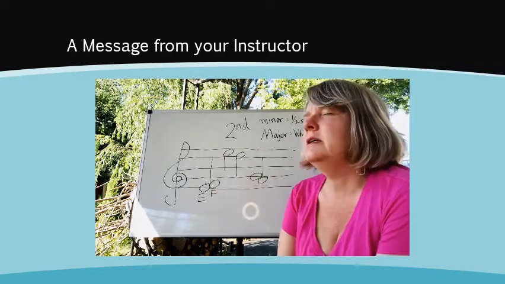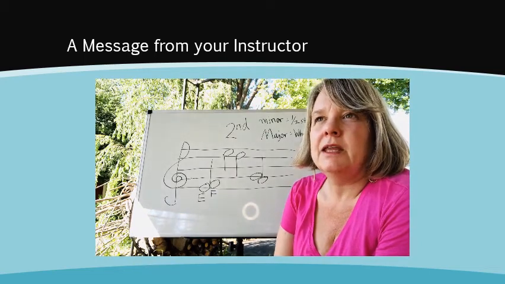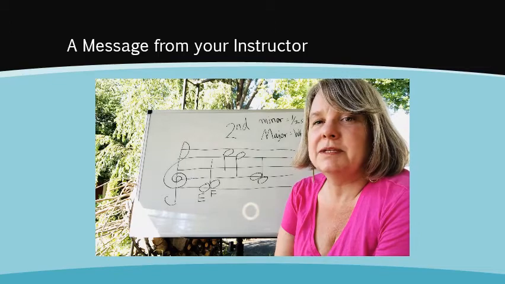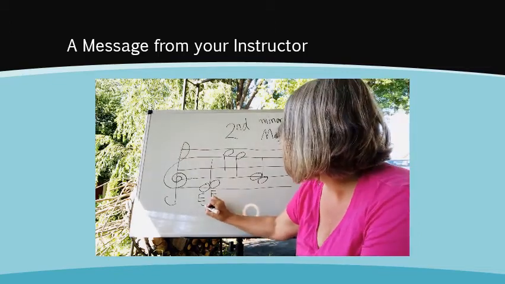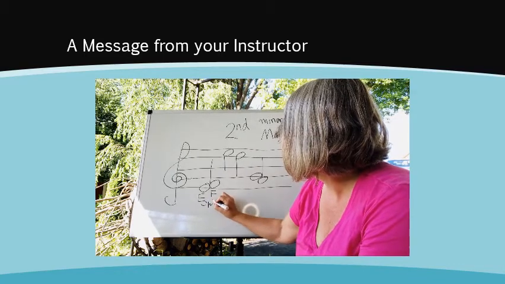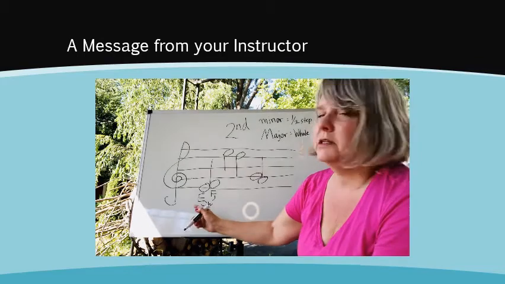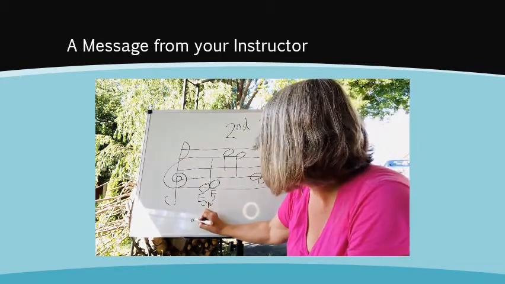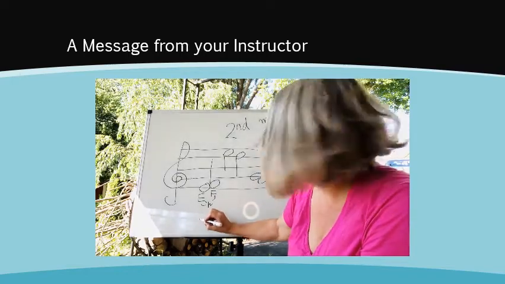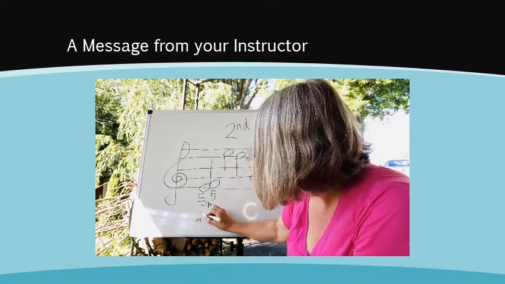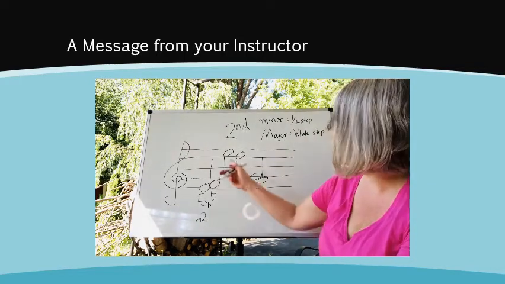So, E to F. I'm envisioning a piano in my head. And that is one of the two places where there's no black note in between. So this is a half step. And so, minor second. And here, I'll show you. Little m, big 2. Minor second.